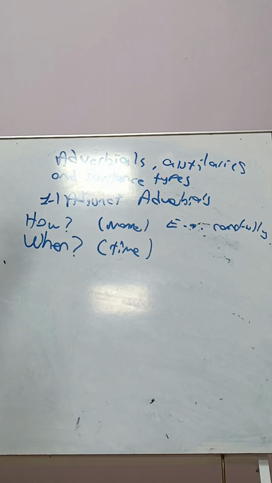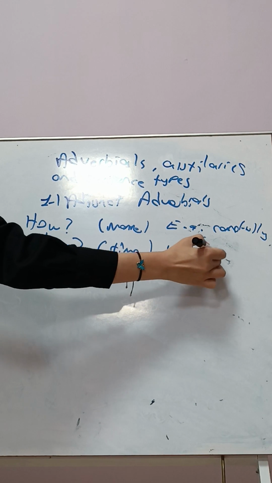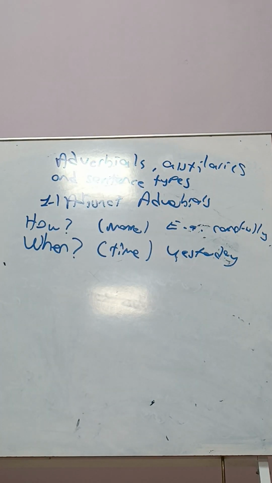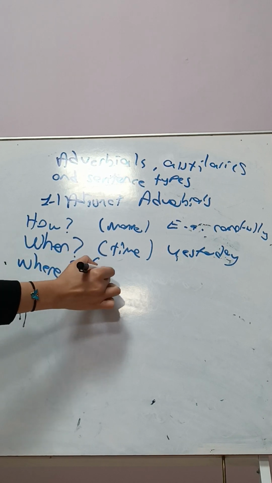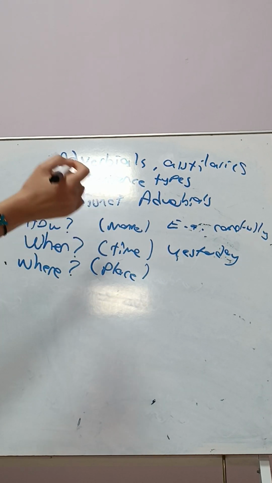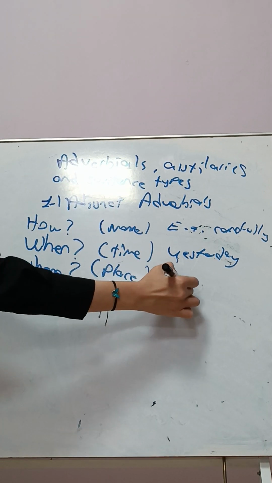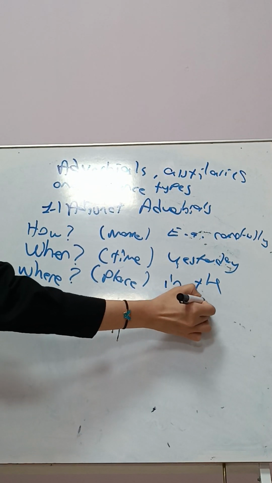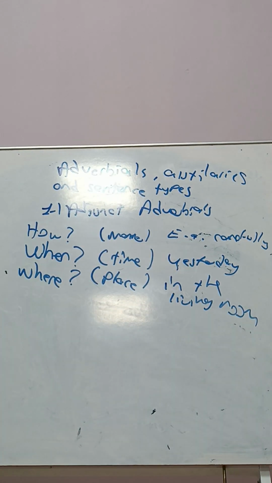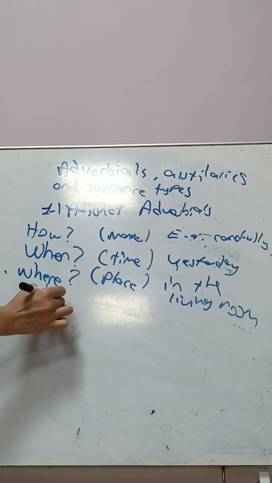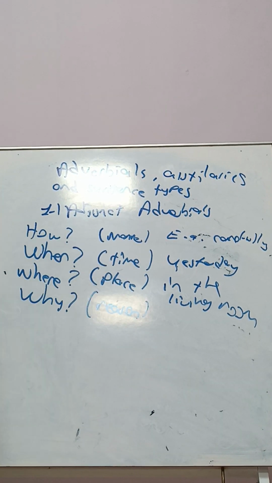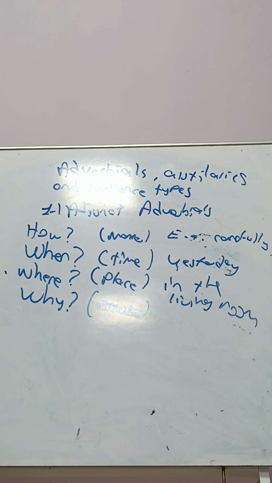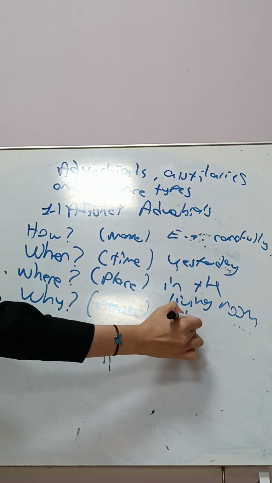For example, yesterday, or you can give another example like on Tuesday, on Thursday. And where? This is place. For example, in the kitchen or in the living room. And the other one is why. Here, reason. Since I am poor, for example.